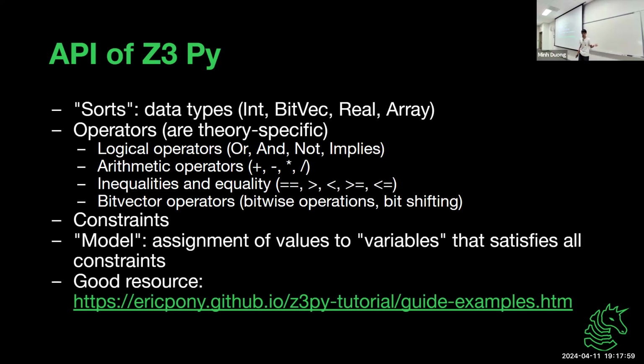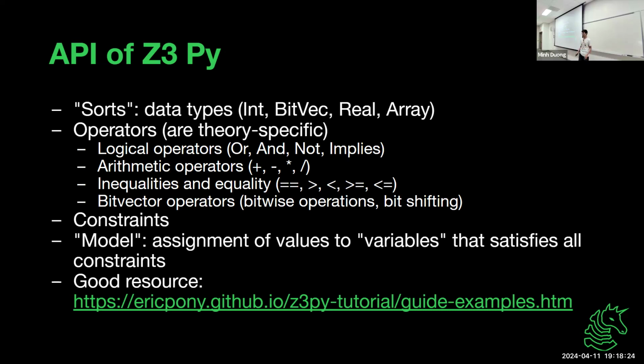When you are dealing with bit vectors, you can also do bitwise operations. If you have an integer, it doesn't make sense to do bitwise operations on it. There are no bits there. Using these variables, you can construct constraints. A constraint is something that gives you a true or false value.